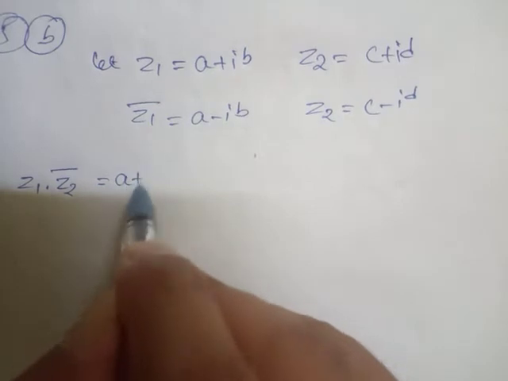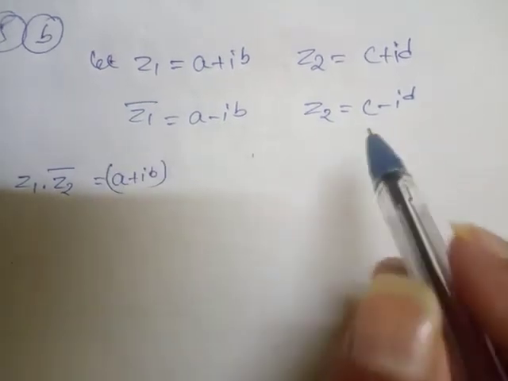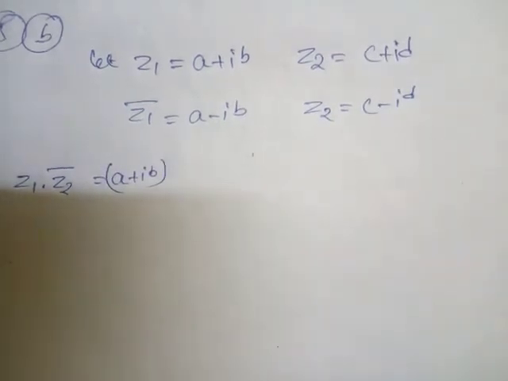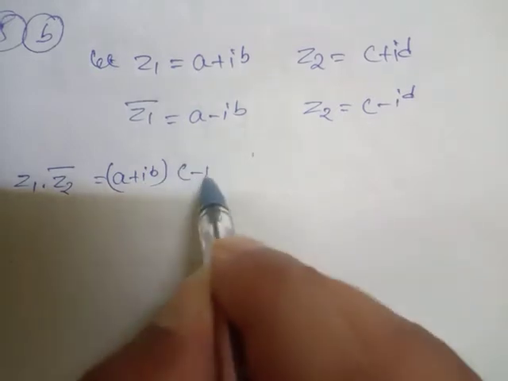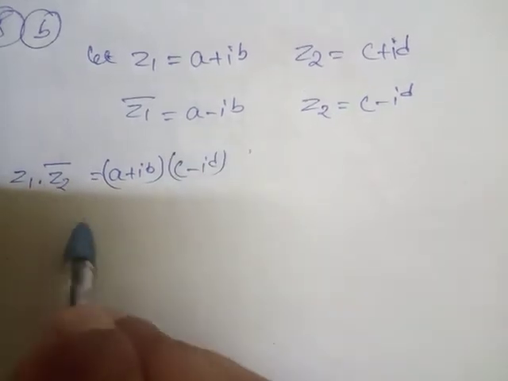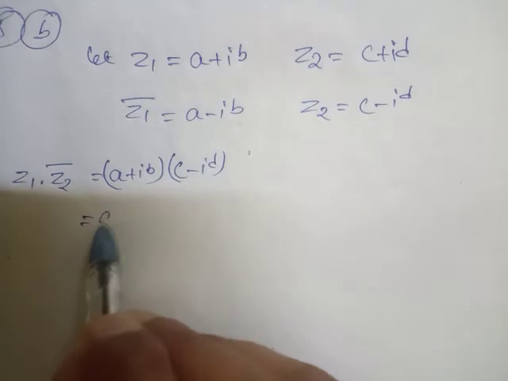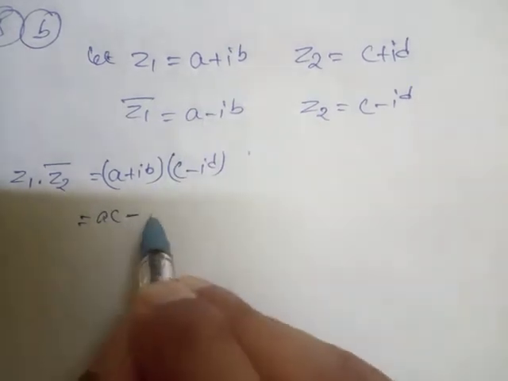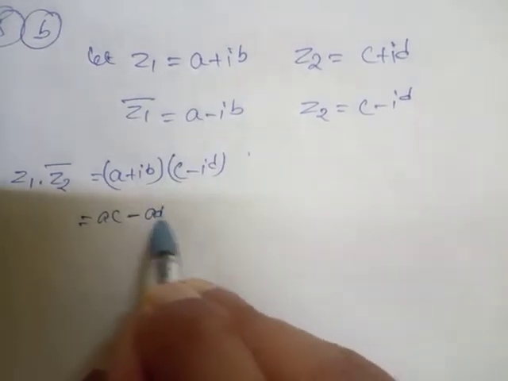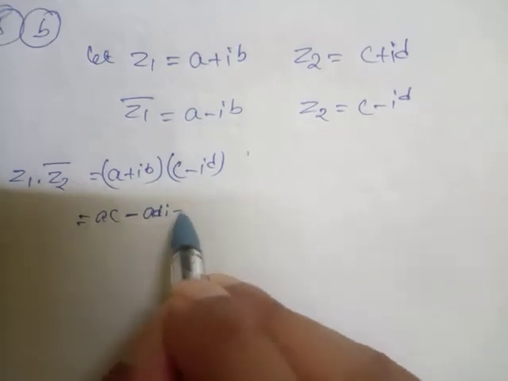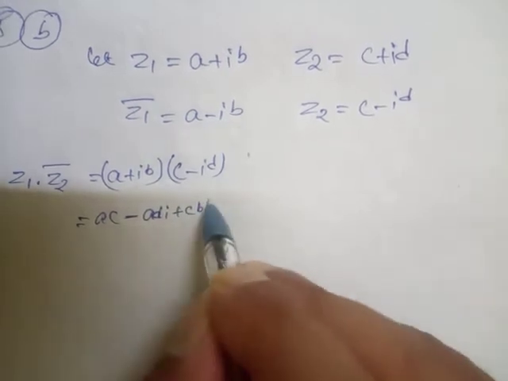which means a plus ib, and z2 bar is c minus id. Go for the multiplication here, student. AC, and there is minus ADI. Now next one, BCI.